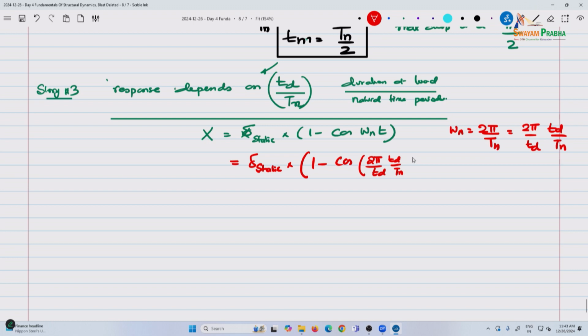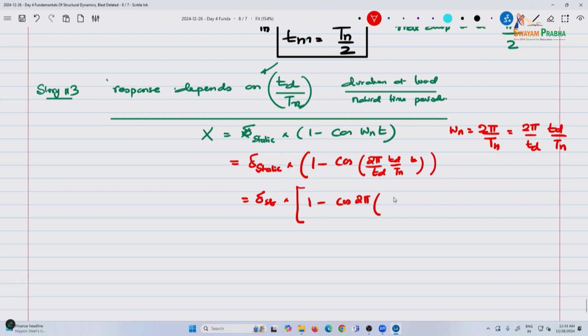And there is also T, right. Yeah, Td, let me make sure, 2 pi by Td, Td over Tn, okay, this is fine. So, this is now delta static multiplied by 1 minus cosine of 2 pi.